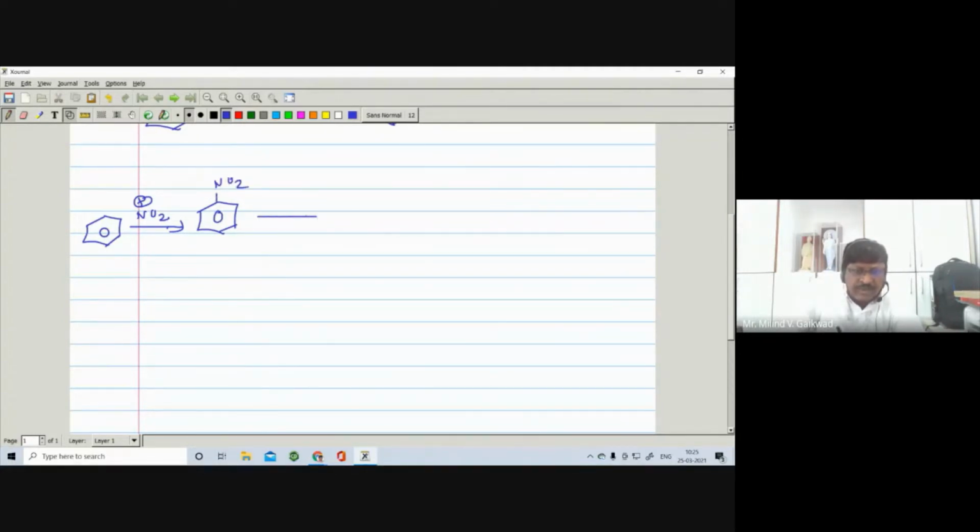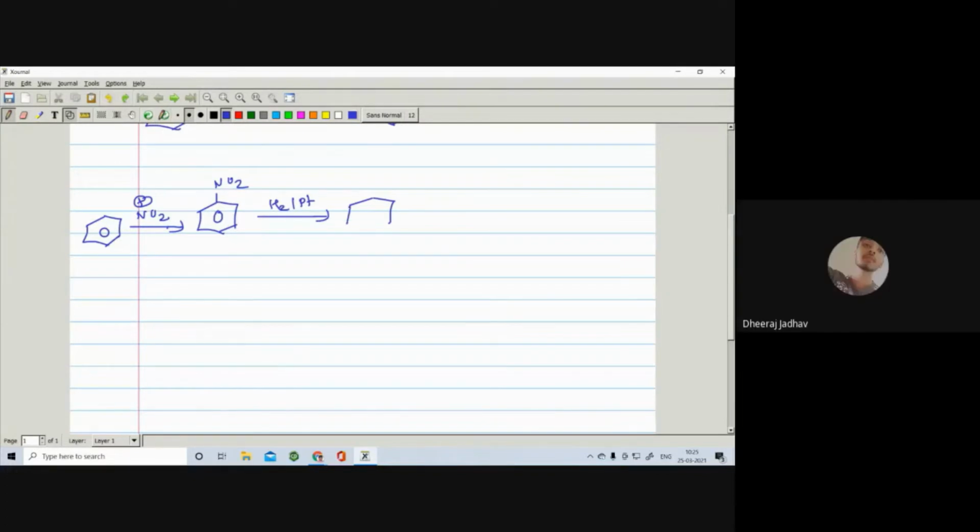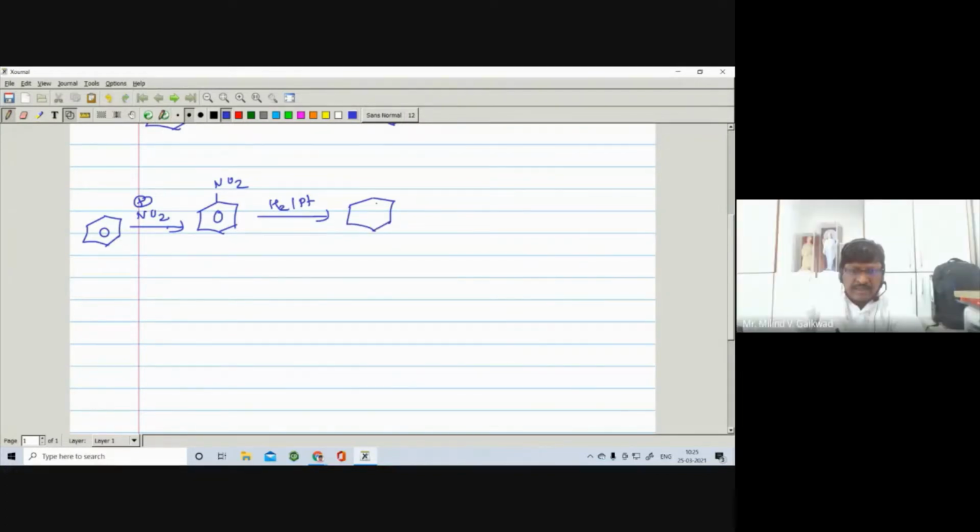When nitrobenzene undergoes reduction, addition of hydrogen in the presence of catalyst, the hydrogen attacks the NO2 group and there is a formation of the corresponding amine, aniline.